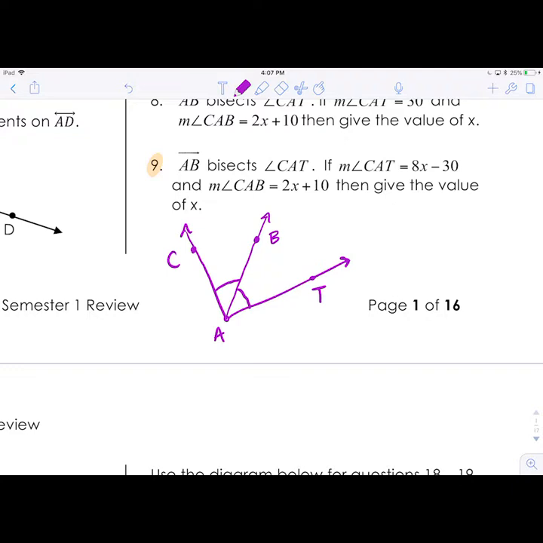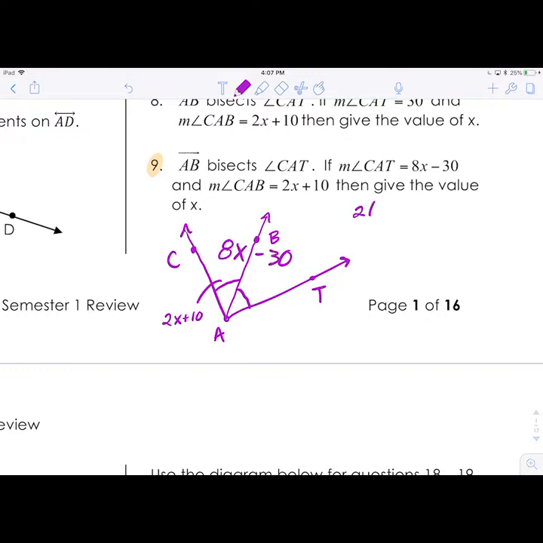It says the measure of angle CAT is equal to 8x minus 30. So the whole thing is 8x minus 30. And the measure of angle CAB, which is this one right here, is 2x plus 10. Find the value of x. Well, since it's a bisector, what we're going to have to do is double angle CAB to get the full angle, which is 8x minus 30.